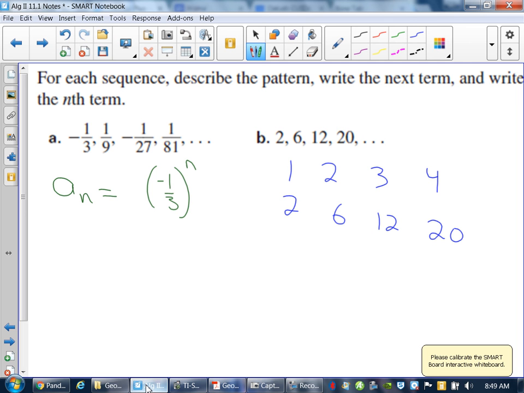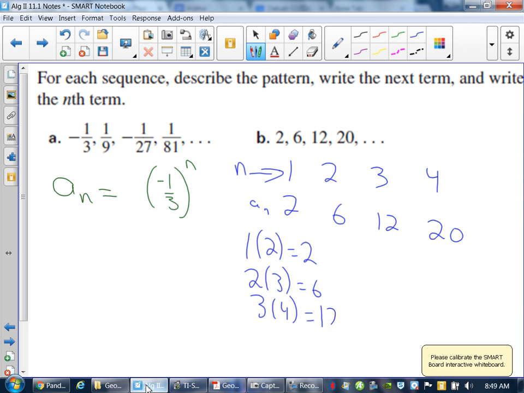Okay, so you multiply by 2, by 3, by 4. Correct. So how would you write that out in terms of n's? What's your first number? Think of this as your n: 1 times 2 is 2, 2 times 3 is 6, 3 times 4 is 12, and then 4 times 5 is 20.